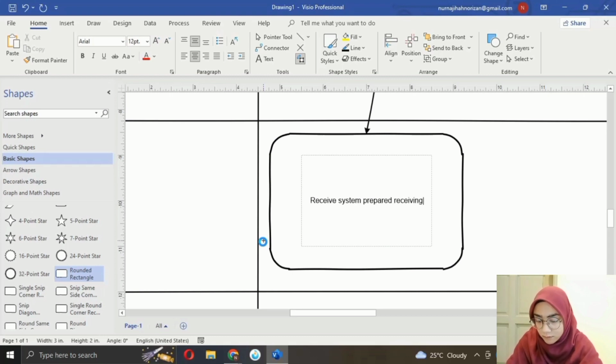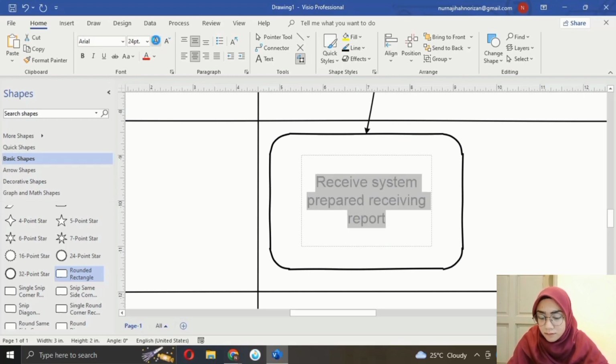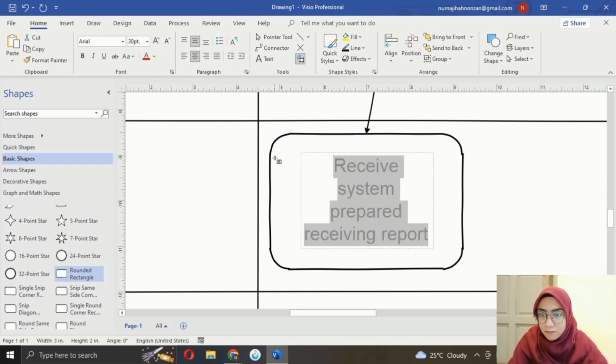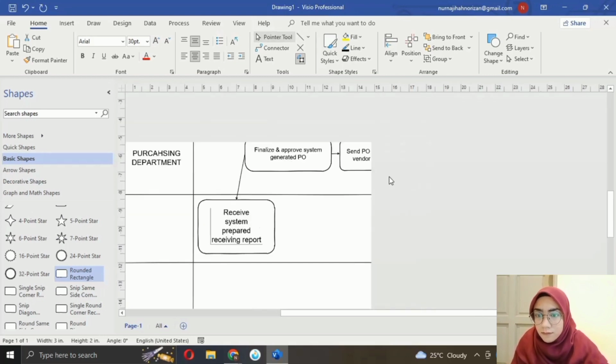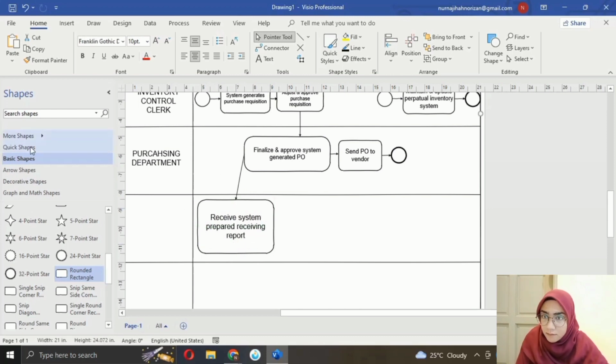For every purchase order, the system prepares a receiving report showing the goods ordered but not the quantities ordered. When the goods arrive, the receiving clerk enters the date they arrived and the quantity of each item received. The completed receiving report is sent to accounts payable.